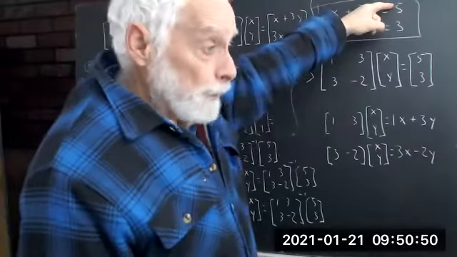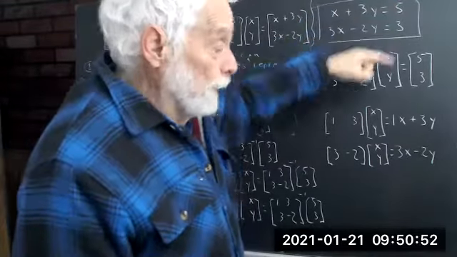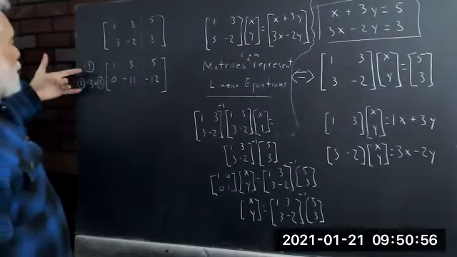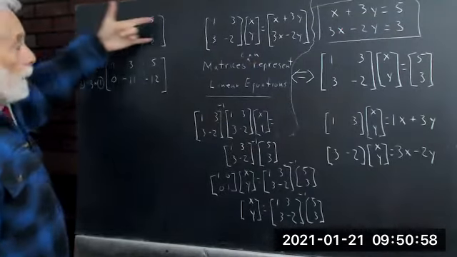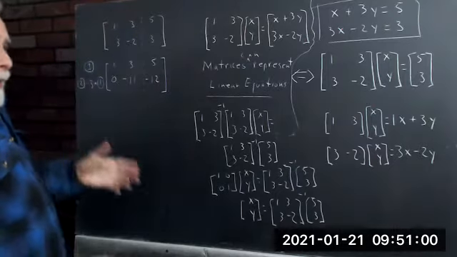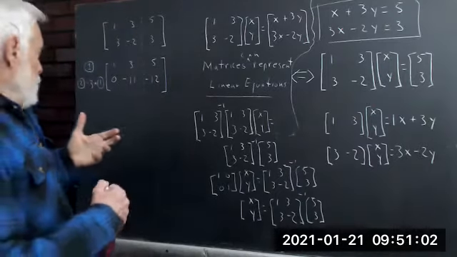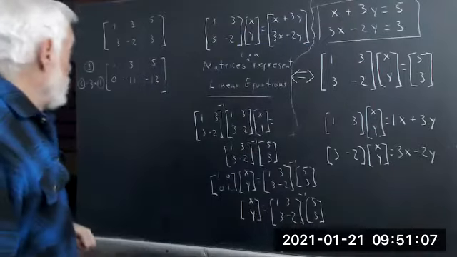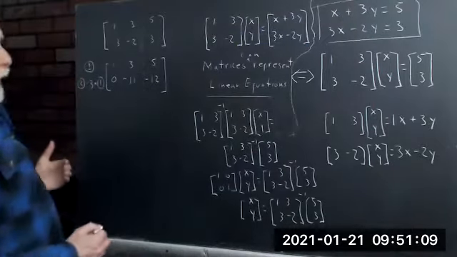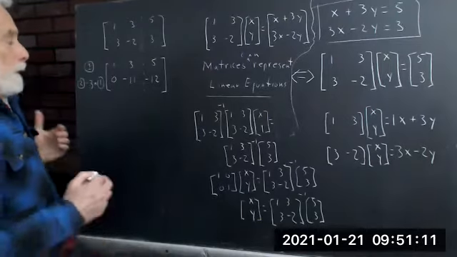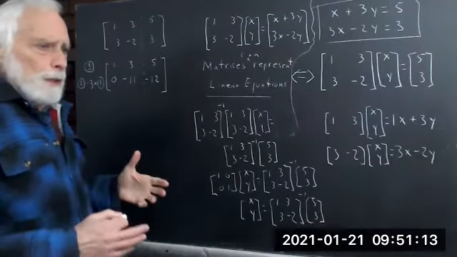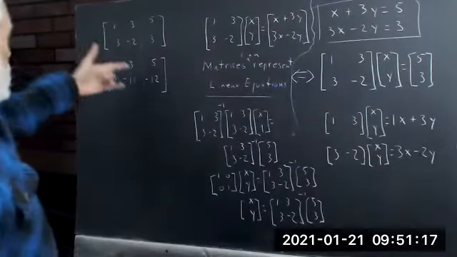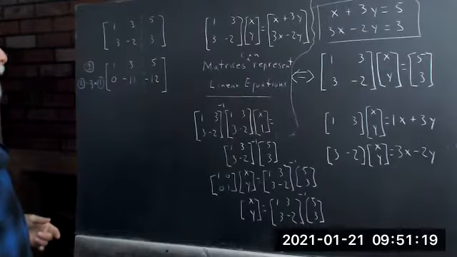And -15 added to 3 is going to give me -12. So that by operating on these rows, I'm doing the equivalent of operating on these equations. Okay, so we call these row operations. And clearly I can mimic anything I want to do with these equations by doing row operations on this matrix.